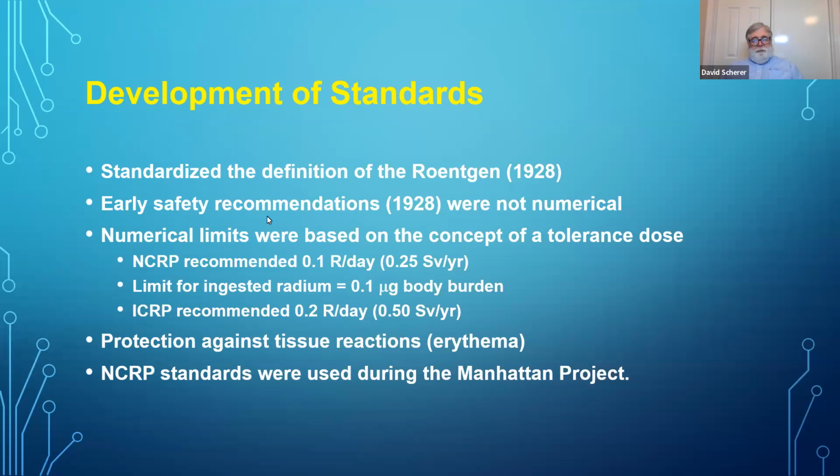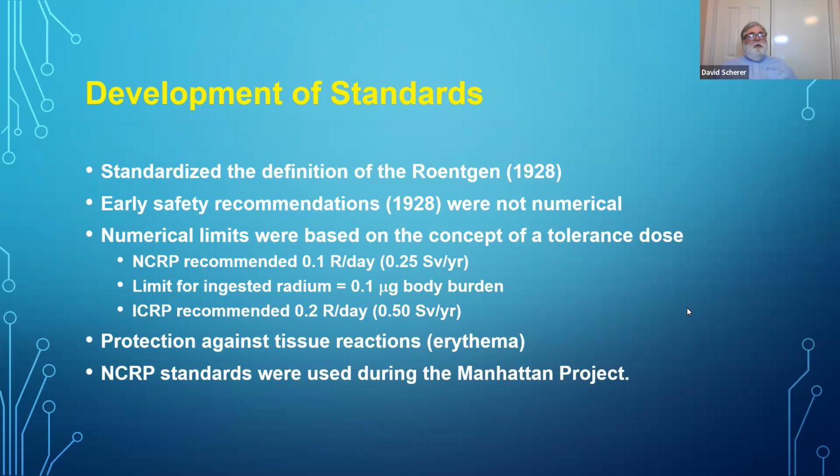Now, after this, the early numerical standards that were developed were based on the idea of a tolerance dose. If you had less than a tenth of a Roentgen per day, you wouldn't develop the erythema, and so they thought that all was well and good. No one yet recognized the possibility of stochastic effects, of late effects from radiation.